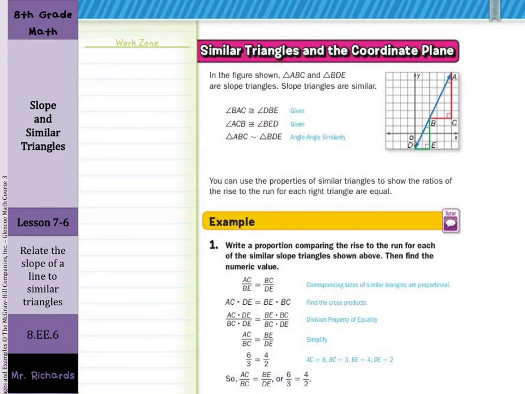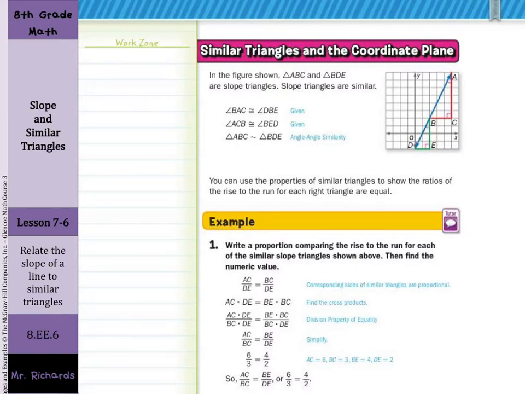Angle BAC, which is right here, is congruent to angle DBE, which is right there. Angle ACB, the right angle here, is congruent to angle BED, which is right here. And then by angle-angle similarity, triangle ABC is similar to triangle BDE.